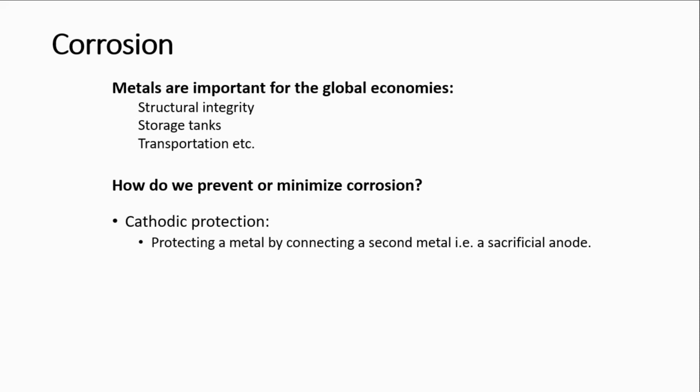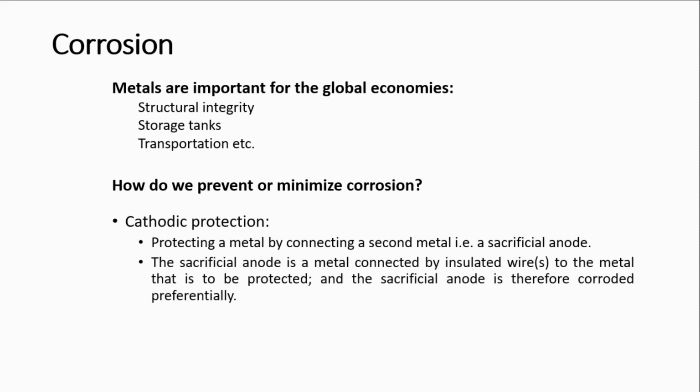Now, we can use a method called cathodic protection, that is, protecting a metal by connecting a second metal that is a sacrificial anode. A sacrificial anode is a metal connected by insulated wires to the metal that is to be protected.